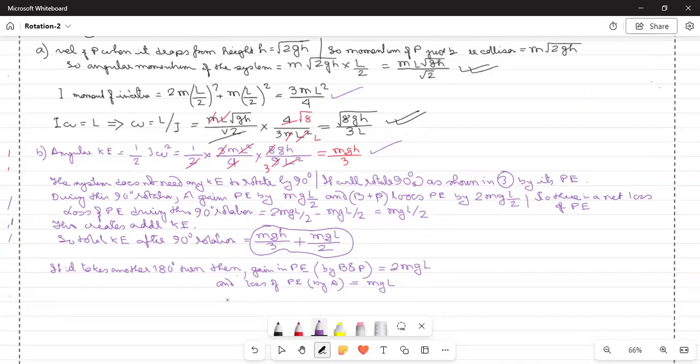So what is the net gain? Net gain in potential energy required is 2mgl minus mgl, which is equal to mgl.